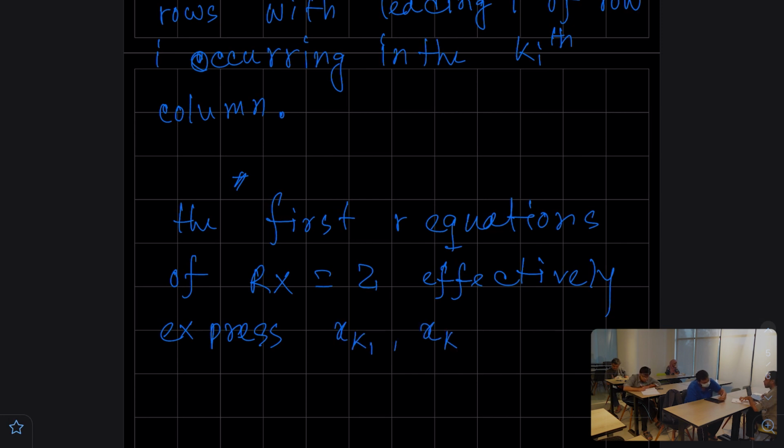Since k1 is the column of the first leading one, that means xk1 is the first leading variable, then xk2 is the second leading variable.